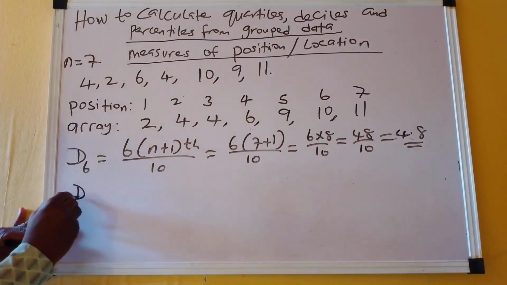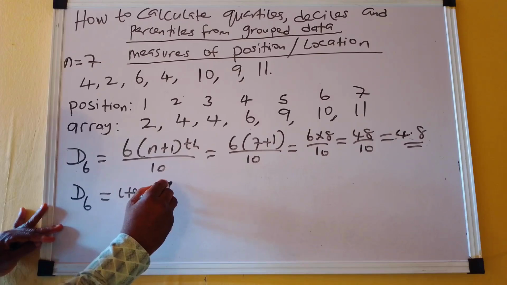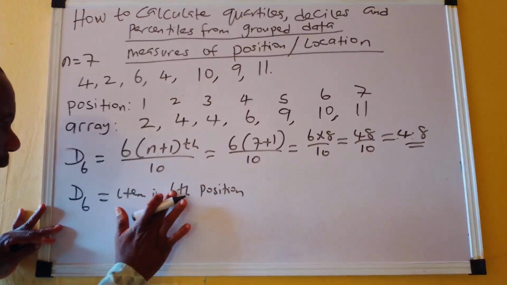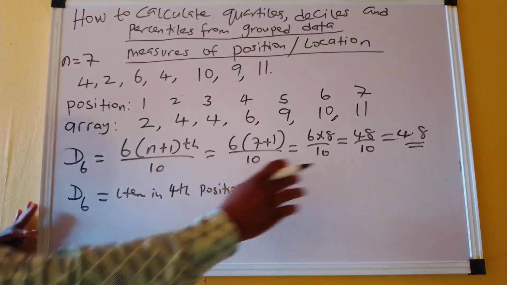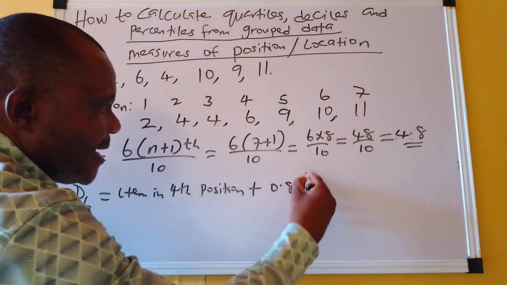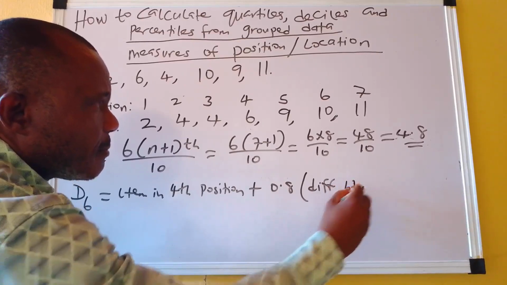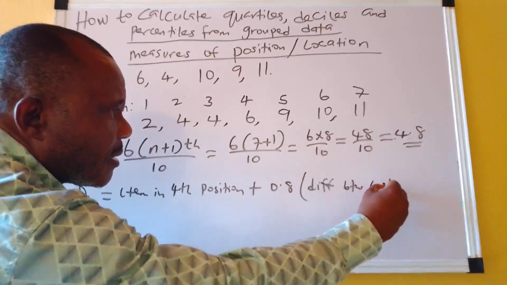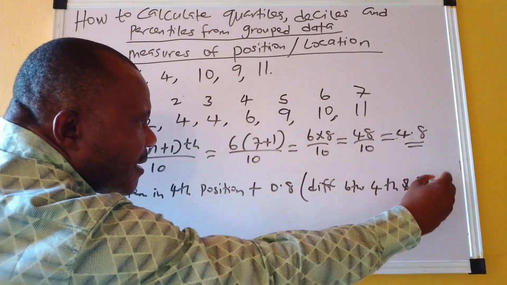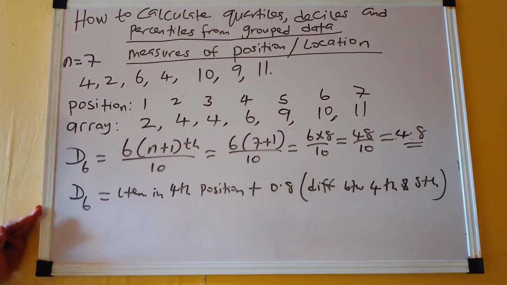It means by implication that our D6 is equal to the item in the 4th position plus 0.8, you can see 0.8 there, into the difference between the fourth and 5th items, because 4.8 is between 4 and 5.